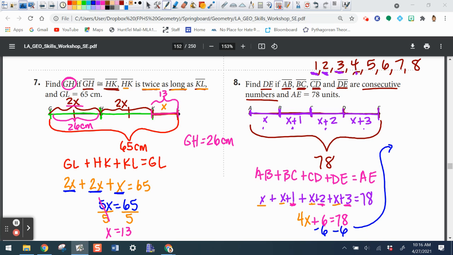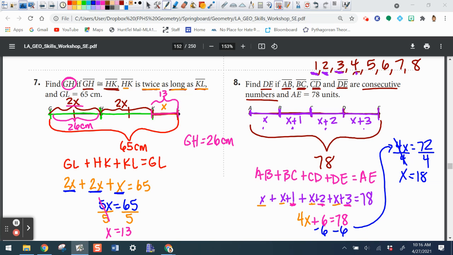And I'm going to bring my equation up here just because I'm running out of room. So 4x is equal to 72. So we're going to divide both sides by 4. Again, it'll cancel or become the number 1, or 1x, and we don't have to write 1x. And 72 divided by 4 gives us 18.